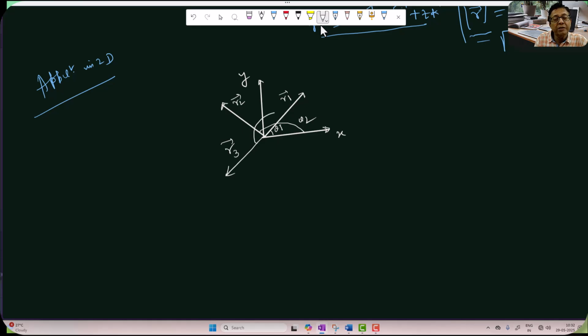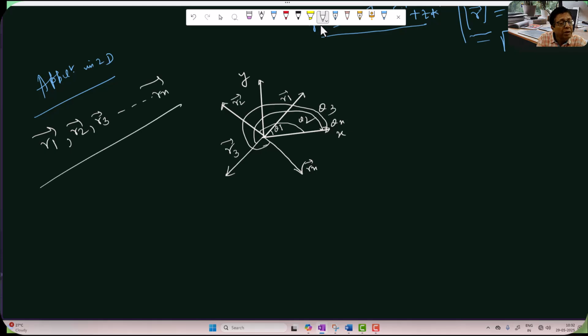One vector R3, it is making theta 3 with the x-axis. Another one, say Rn, it is making the angle theta n with the x-axis. You have to add these n vectors R1, R2, R3.